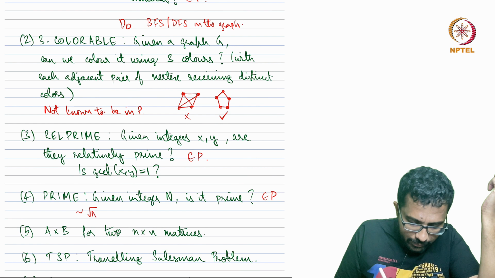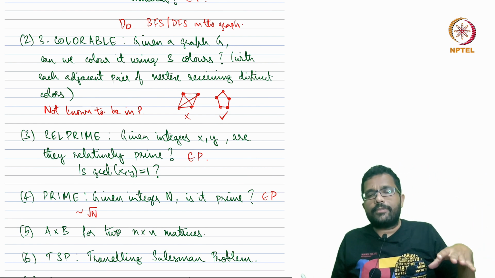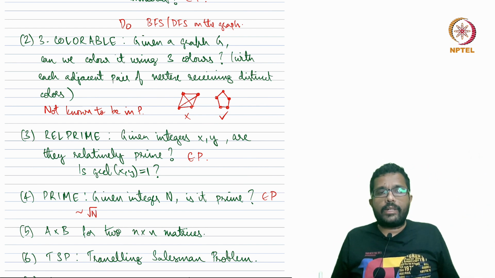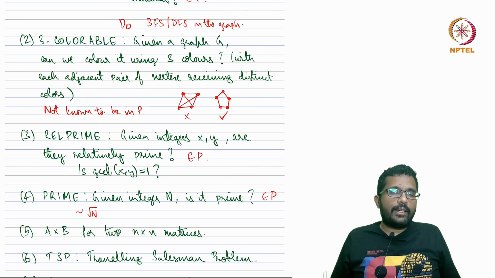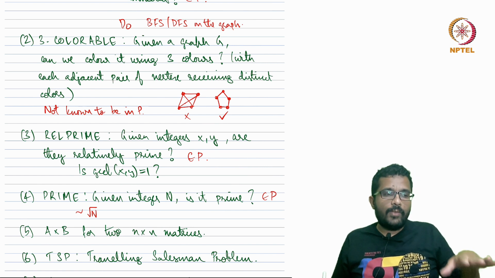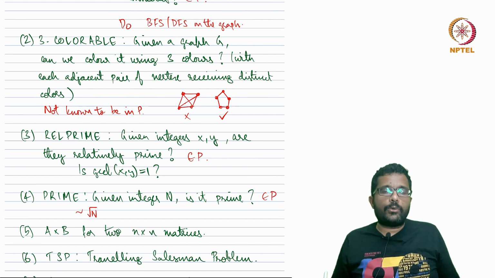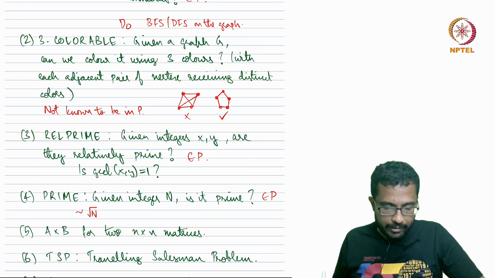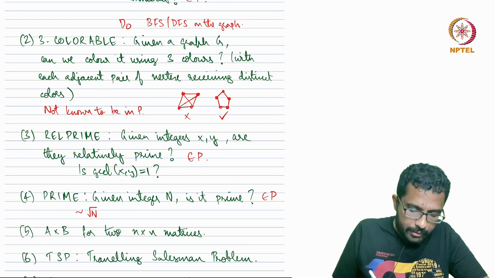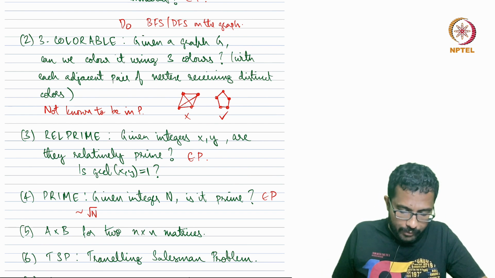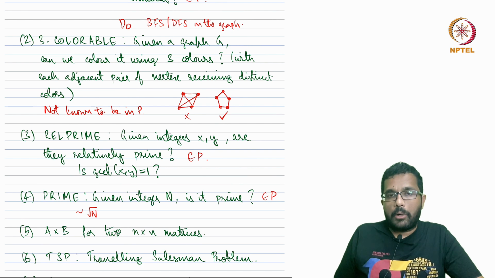It is enough to check factors up to square root n, because if it has a non-trivial factor, one must be at most square root n, since two factors above square root n would give a number bigger than n. But this particular approach that I suggested is not polynomial time.